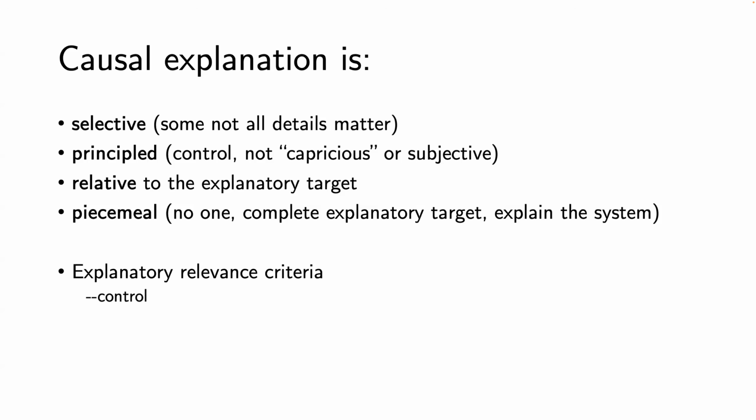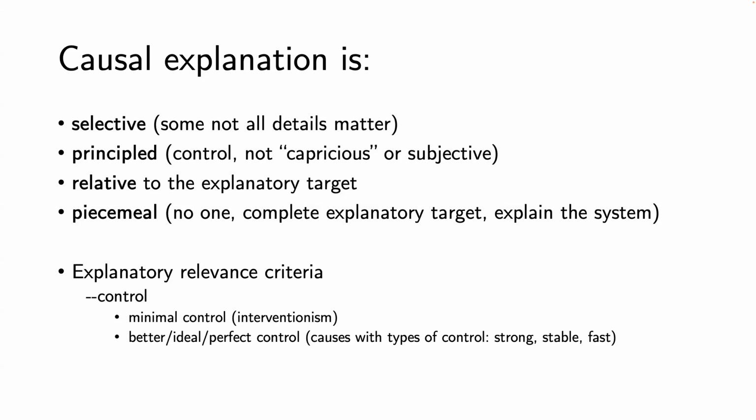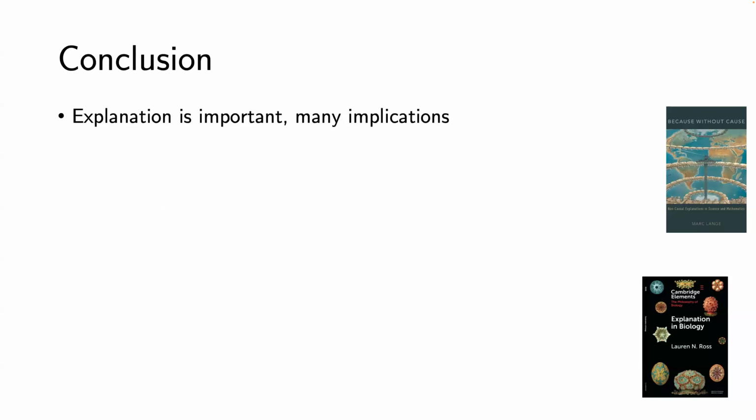I've introduced some explanatory relevance criteria here: control, minimal control, better, ideal, and perfect control, and then just getting more control, more factors that give you more information about what controls that target of interest.